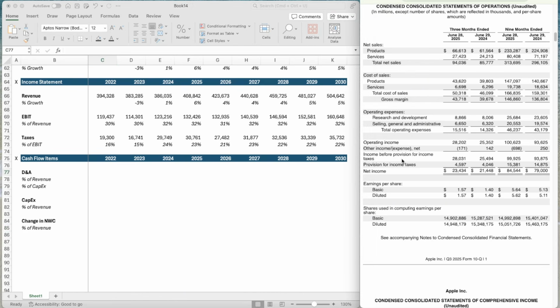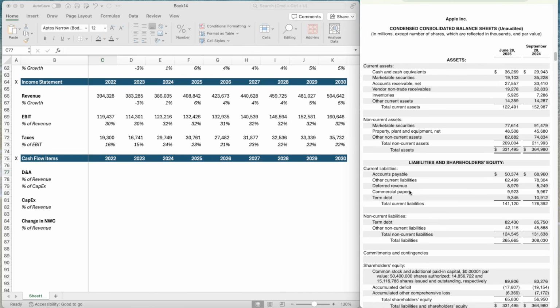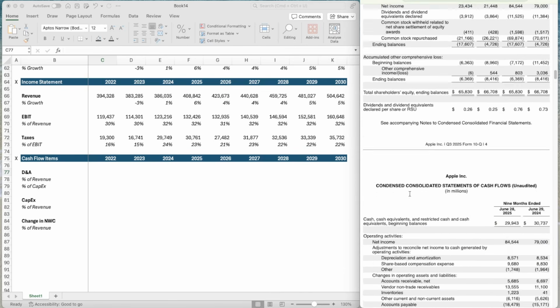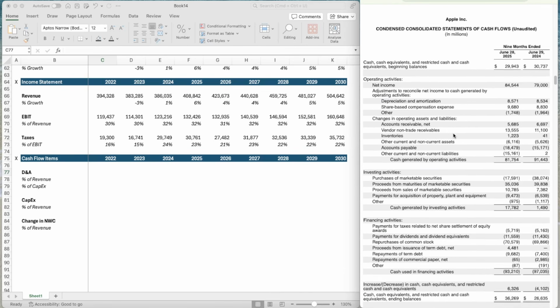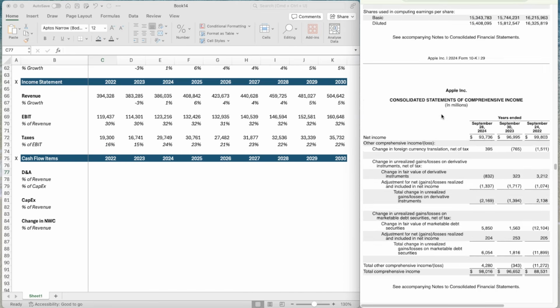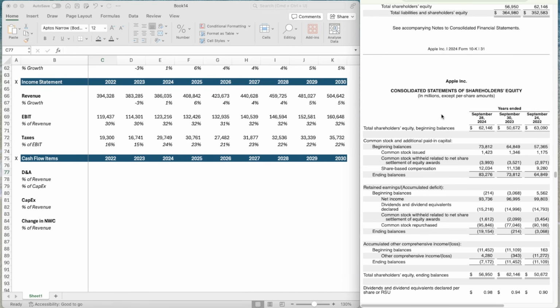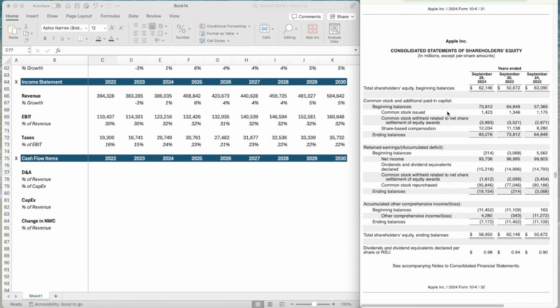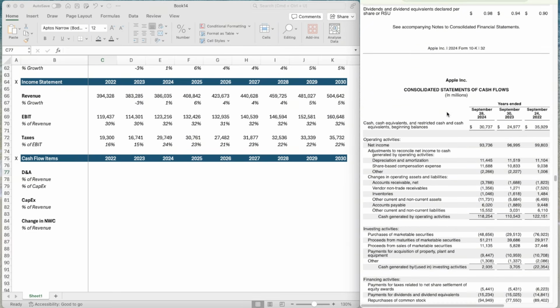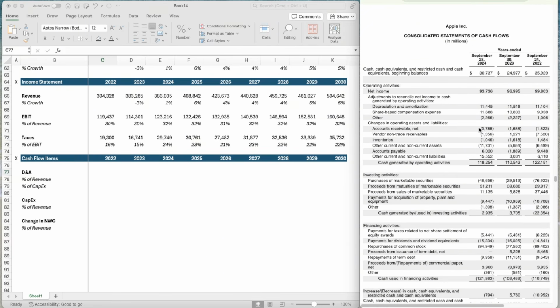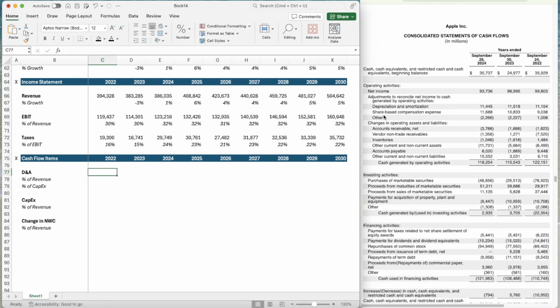Come down to your cash flow statement, which is here. Usually the order goes income statement, balance sheet, cash flow statement. Sometimes they put the balance sheet first, then income statement, but usually the cash flow statement is at the end. So we want depreciation and amortization. CapEx is in this case payments for acquisition of property, plant, and equipment.